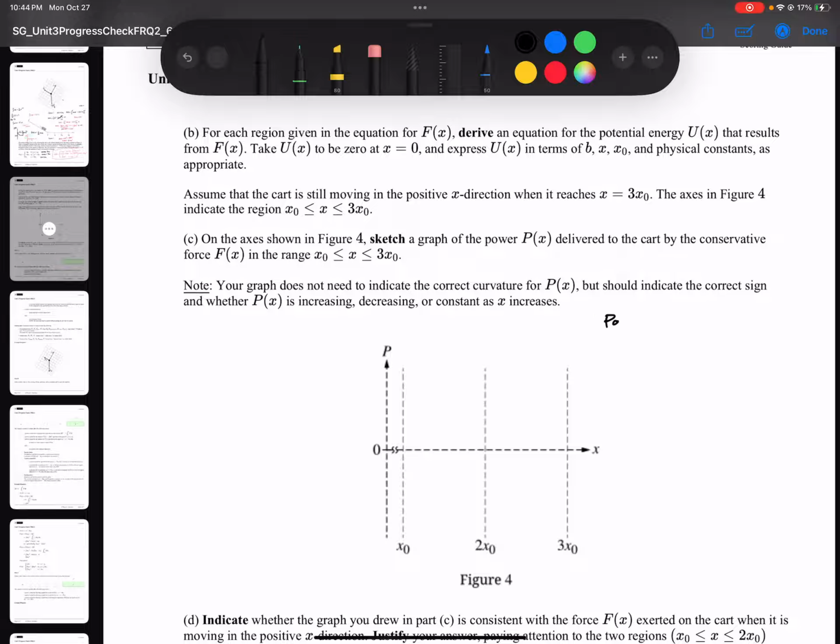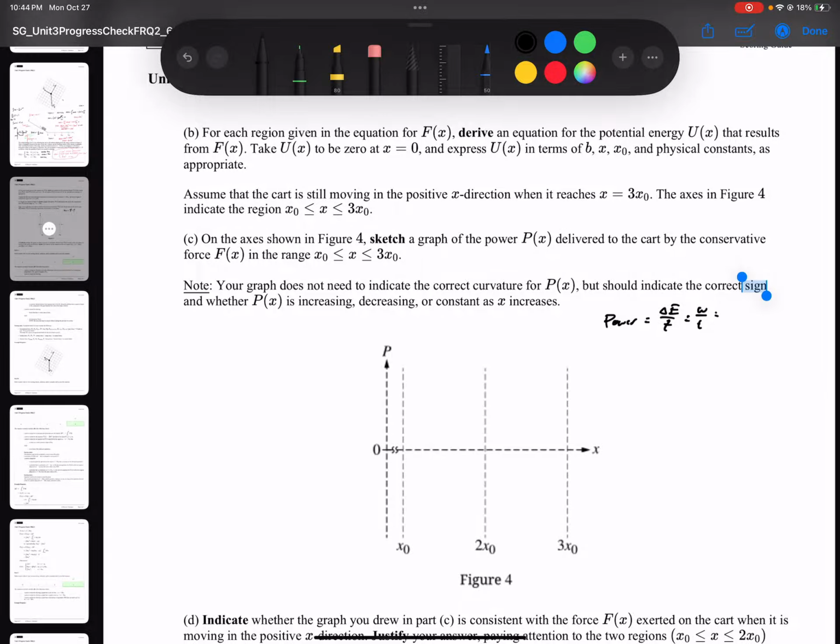Something to note about the power: we know that power is the change in energy over time, right? But we don't want to look at it that way, because notice it's a power with respect to x, and we've done everything in terms of x. You can also think of it in terms of work over time, like how much work is done by the conservative force on the cart.